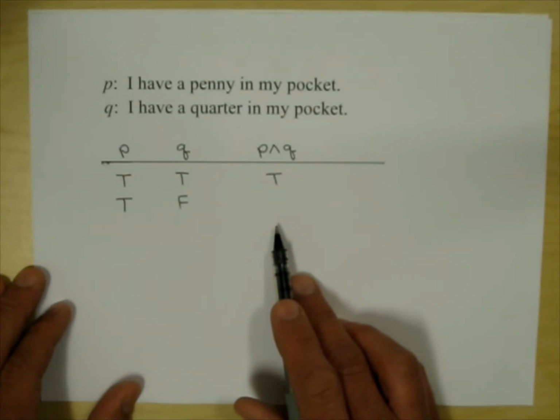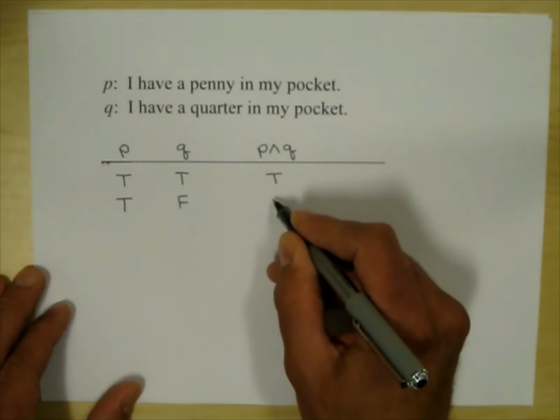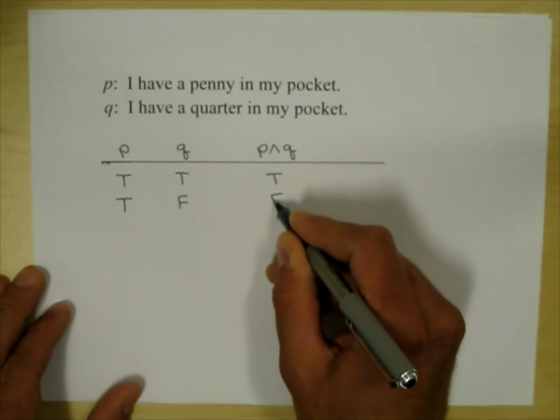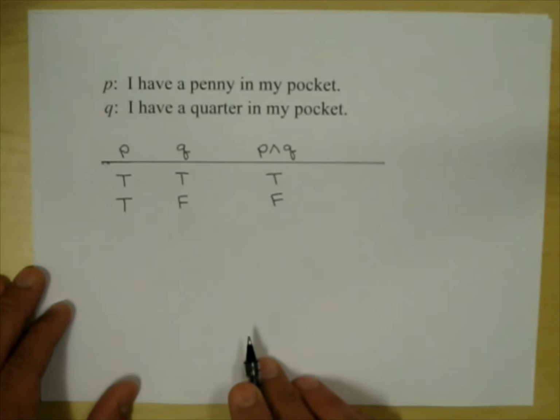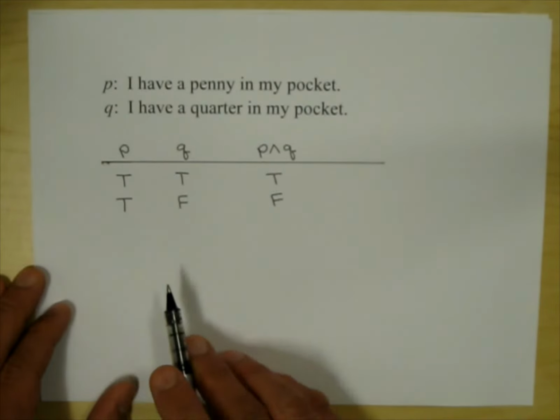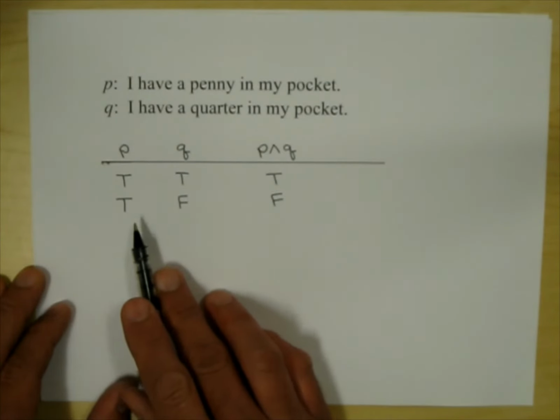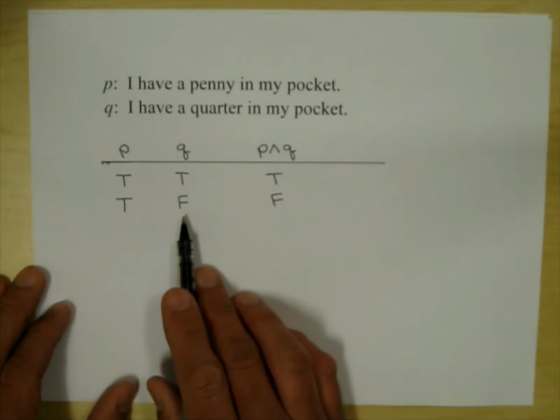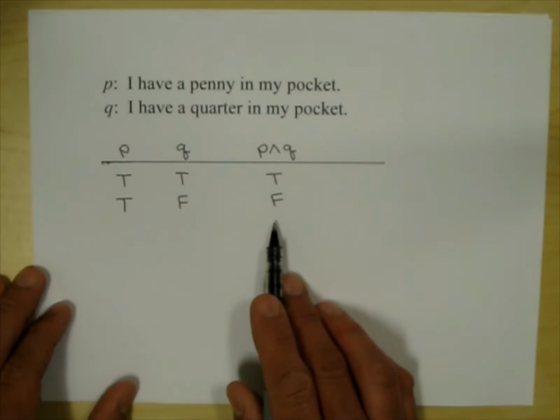Did I lie to you? And the answer is, yes, I did lie to you. I was not telling the truth. So P and Q happens to be false. Okay, so true and false equals false.